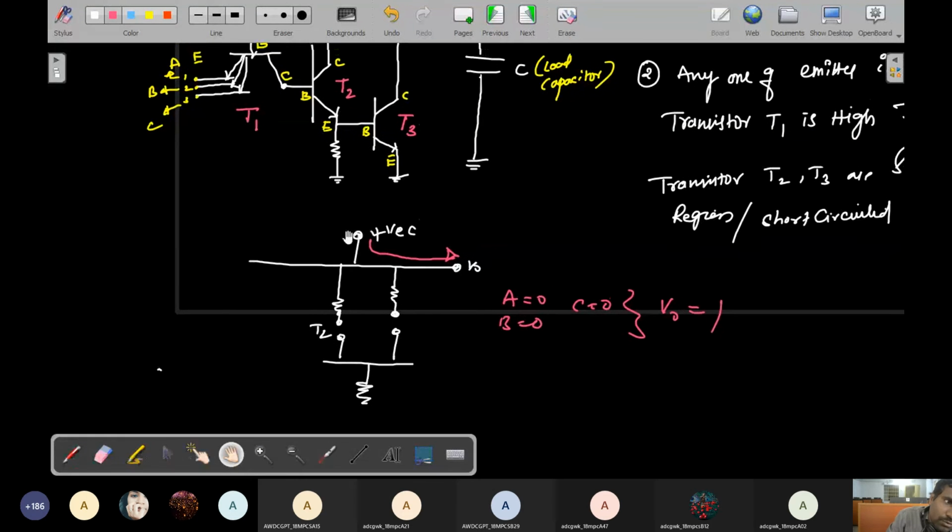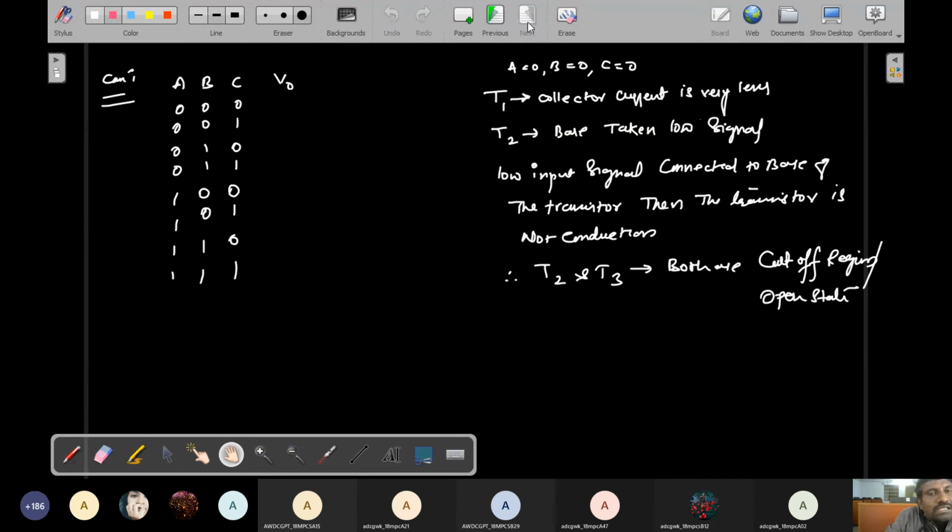So the output voltage is always high, same as the power supply, meaning this voltage is completely transferred to the output voltage. So in any case, if A is equal to 1, B is equal to 1 and C is equal to 0, in that situation also the output voltage is 1, because if any one of the input terminals is 0, your output is always 1 only.